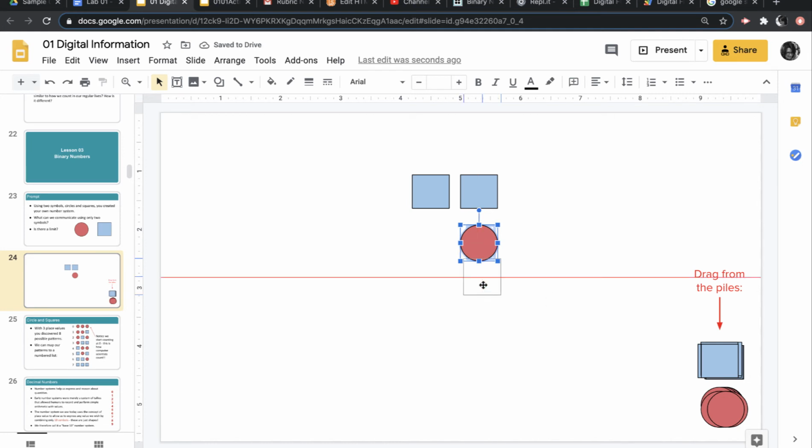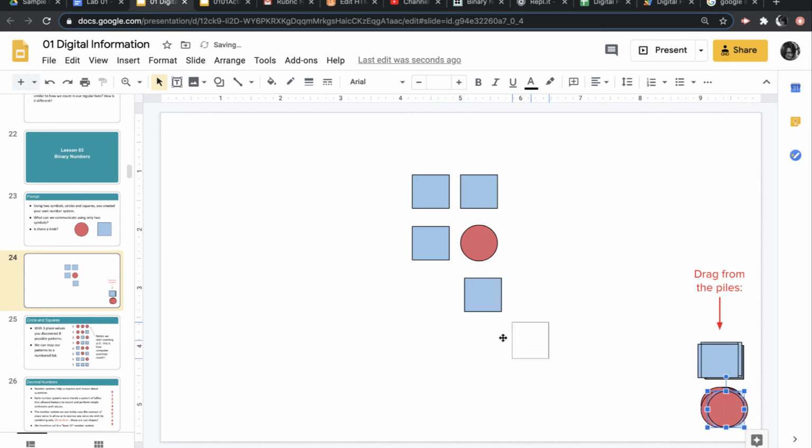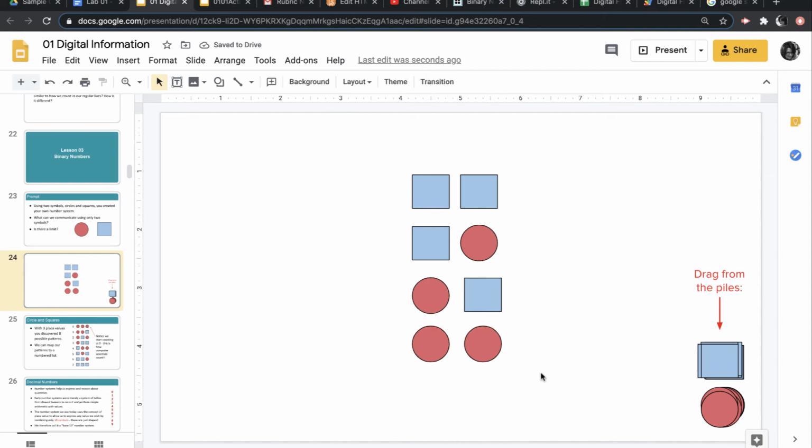I can have a square and a circle, or a circle and a square, or I can have a circle and a circle. Okay, so I can represent 4 different things using only 2 different symbols, right?